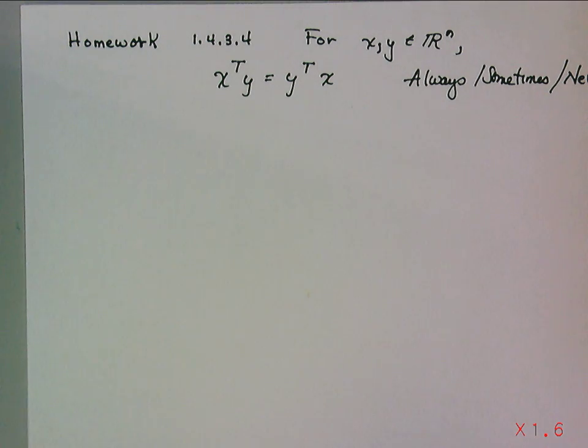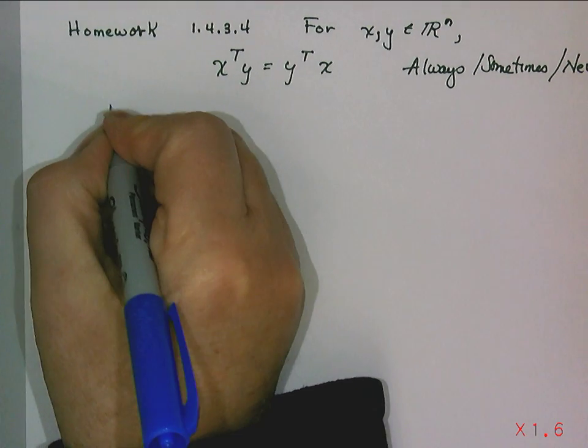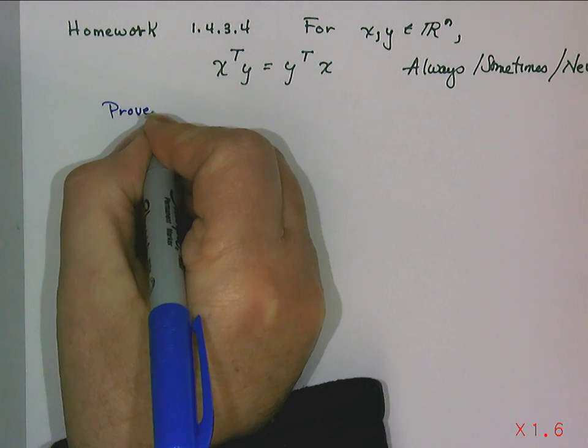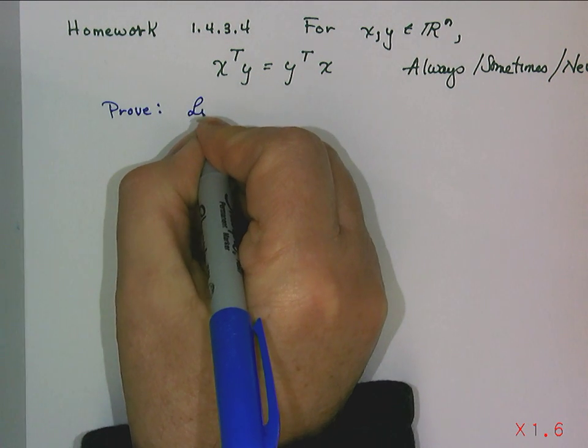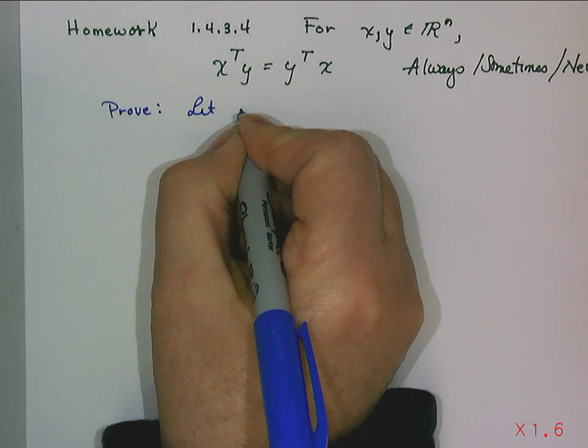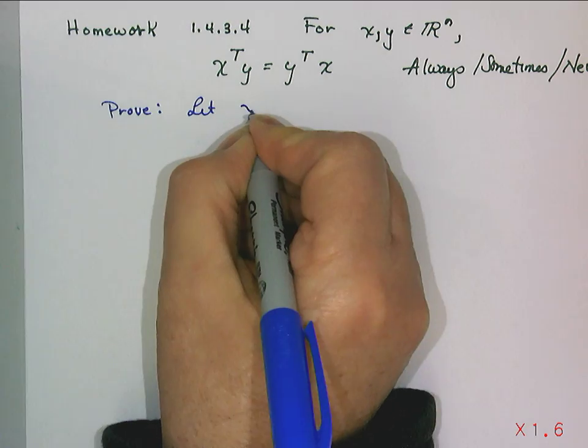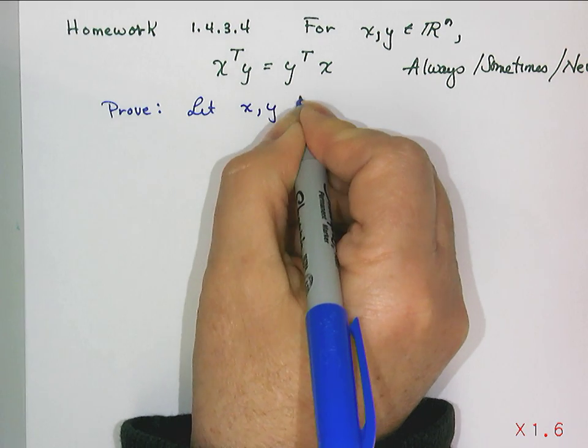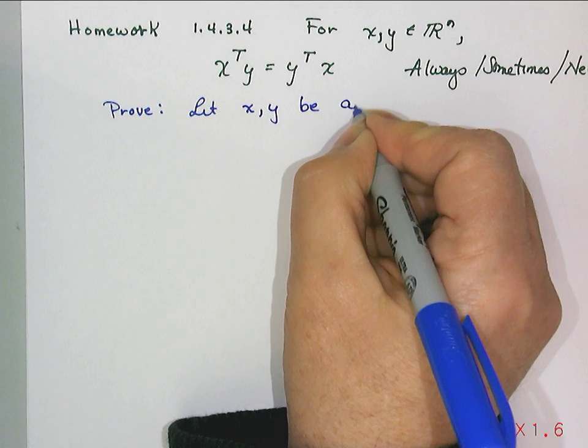We'll start as usual with assuming that x and y are just arbitrary vectors of the same size. They need to be the same size, otherwise we cannot perform the dot product. So we'll let x and y be arbitrary.